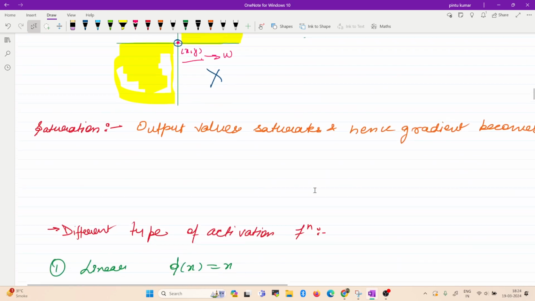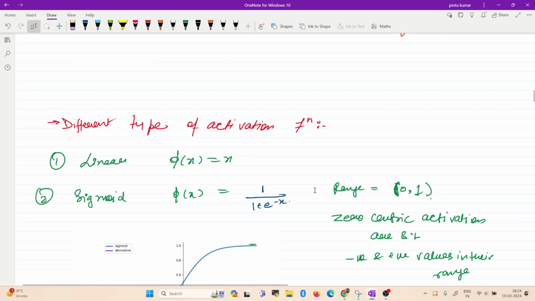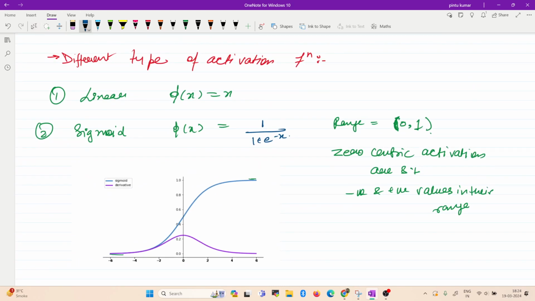Another common problem is something known as saturation, and it is most common with sigmoid type functions. If you look at this graph, the value of the activation function after a certain point is very close to 1. It is saturating to some value.